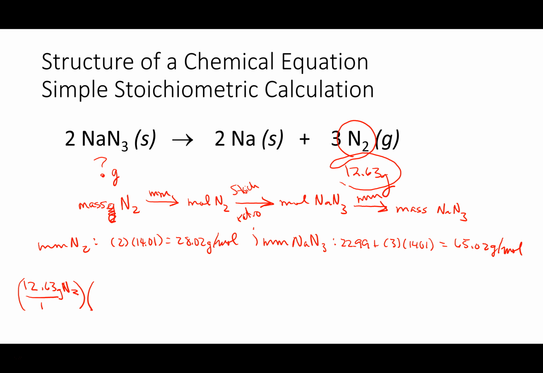I'm going to use the molar mass. I'm going to go with 1 mole of N2 over 28.02 grams N2. Any questions about that? That's the molar mass. I'll put MM over this.